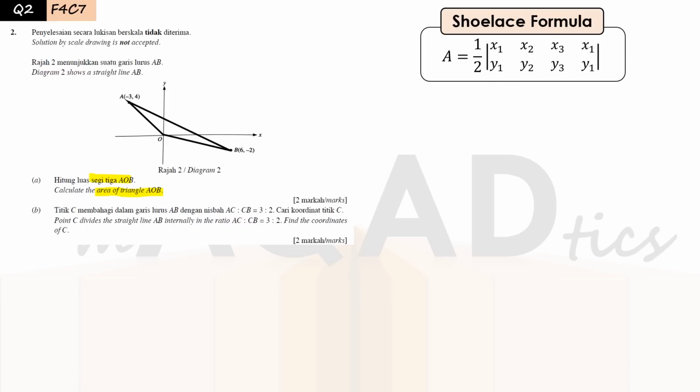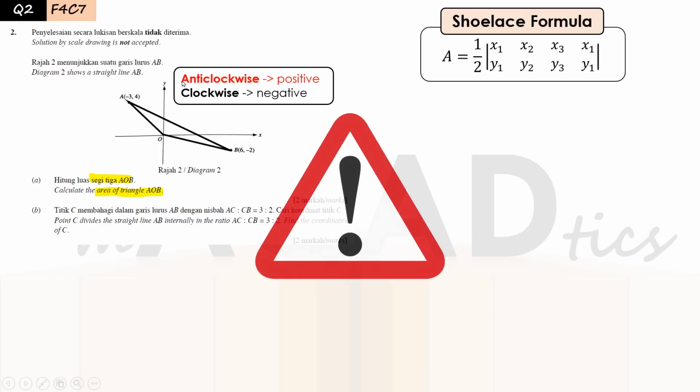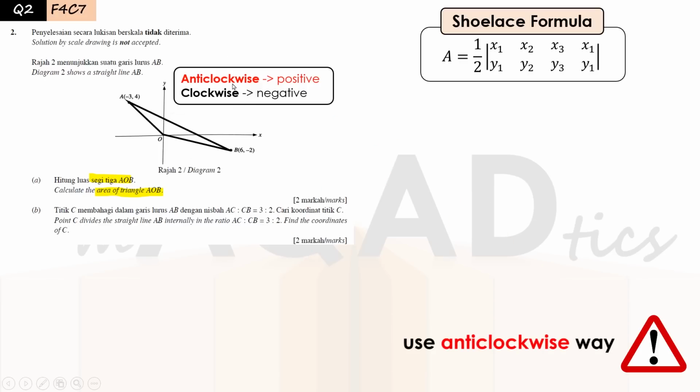As you know, we have two ways to substitute the values: the anti-clockwise way and the clockwise way. Usually I would recommend students to use the anti-clockwise way because the value that comes out is positive. I would always avoid the clockwise way because it's negative, and usually for negative values we make more careless mistakes, for example forgetting the negative sign. So I always recommend the anti-clockwise way.